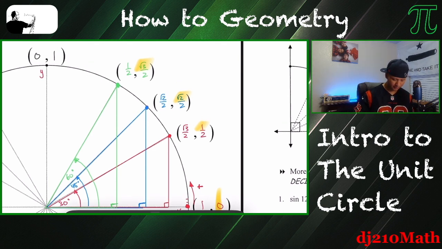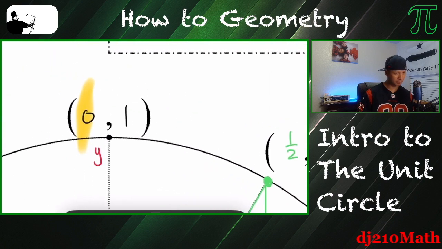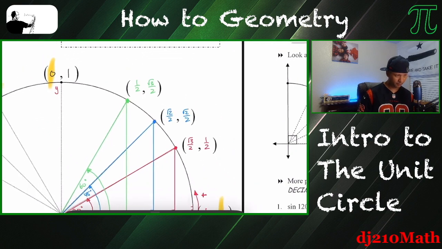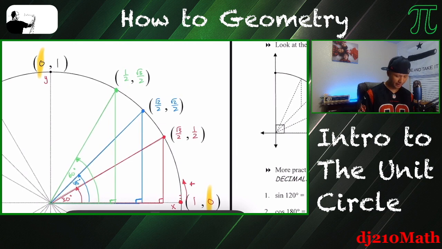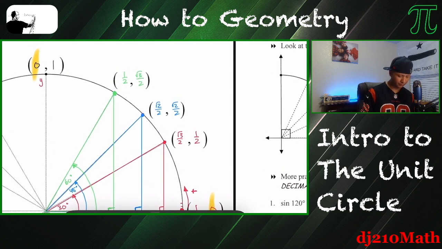And the same idea with the x's counting down from 0 comma 1. If this is 0 comma 1, we count down 0, 1, 2, 3. Now, obviously, it's 1 over 2, root 2 over 2, root 3 over 2, but 0, 1, 2, 3, that's the pattern.